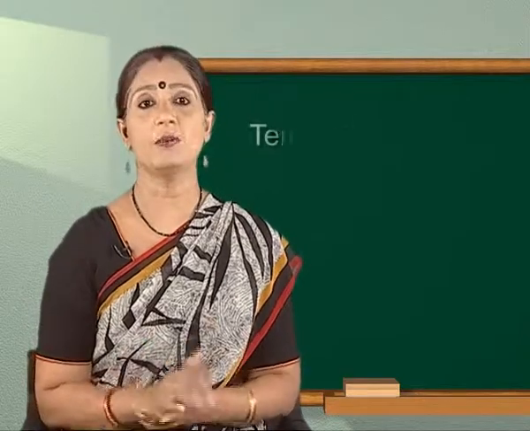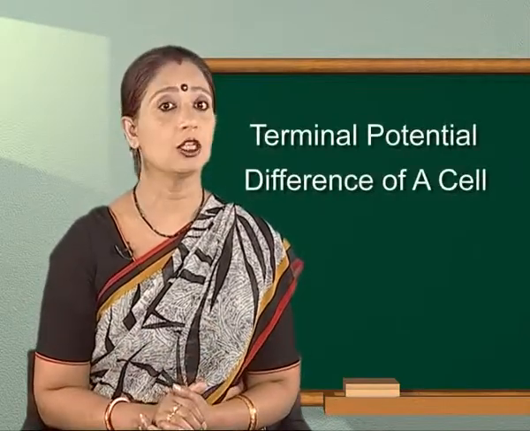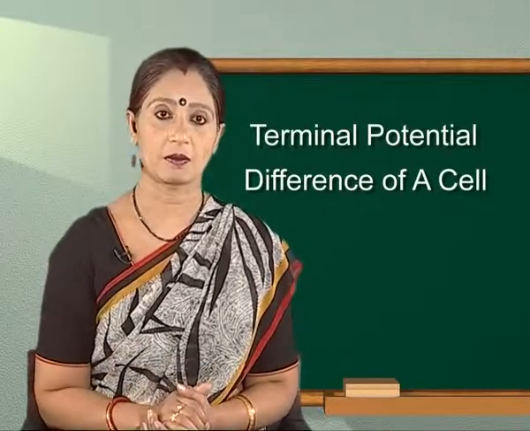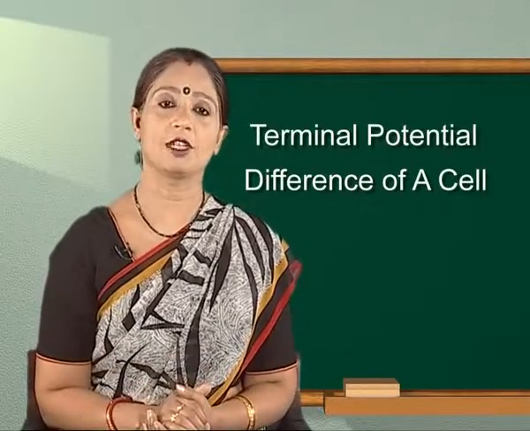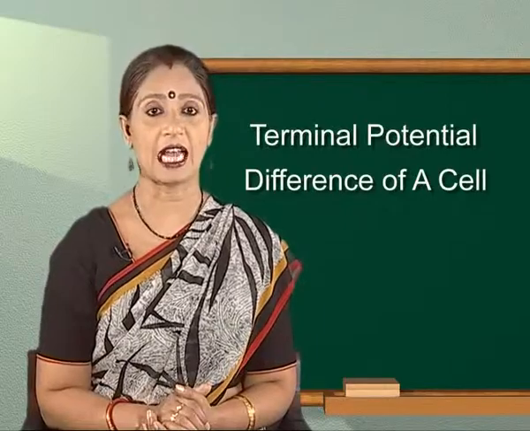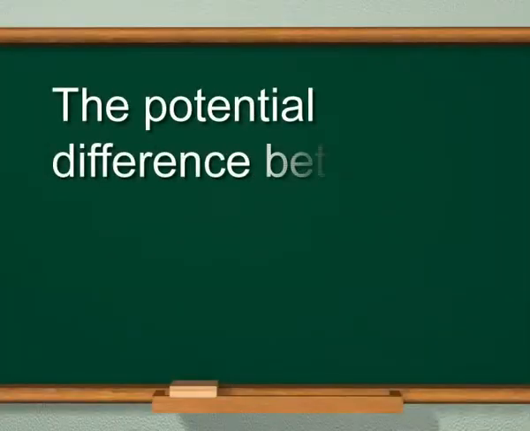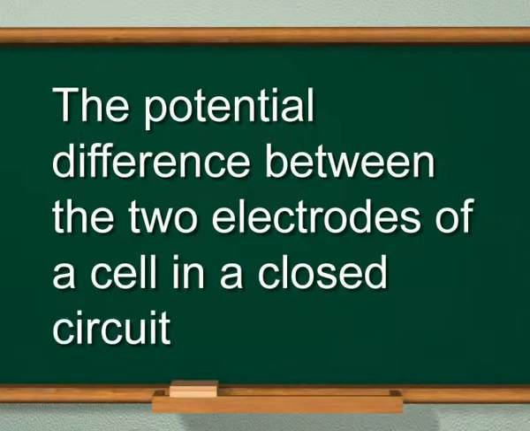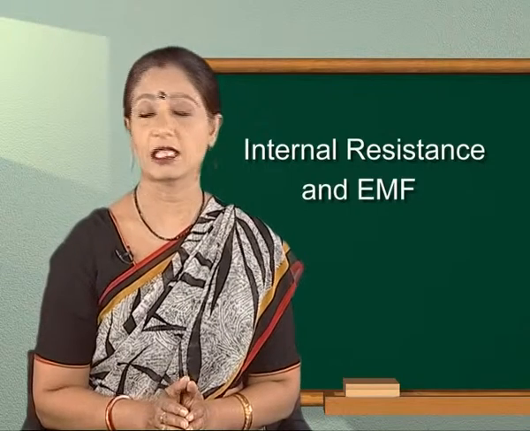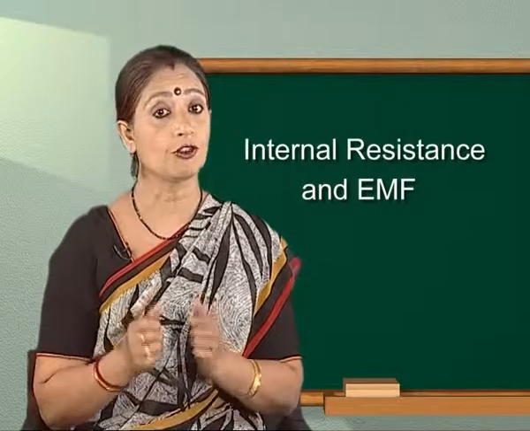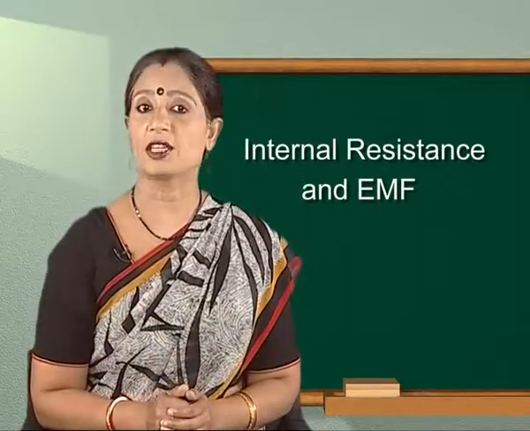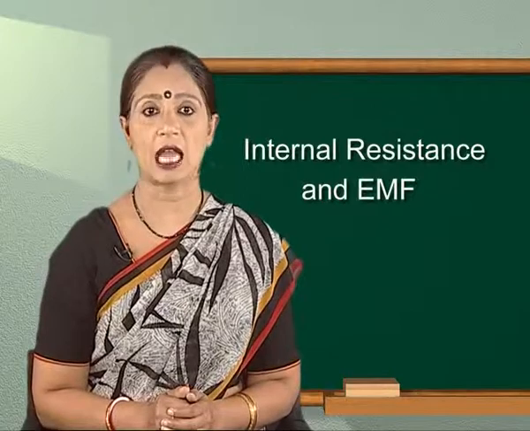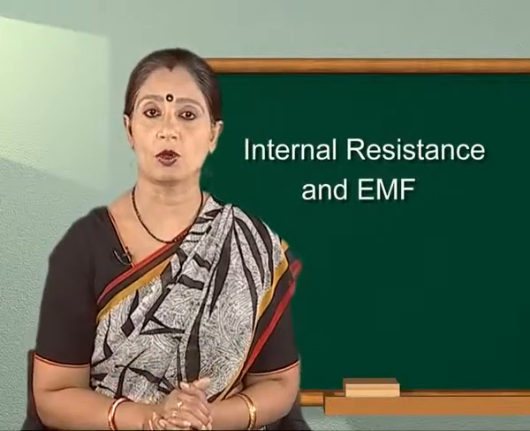We are now to define another physical quantity, that is terminal potential difference of a cell, to understand things properly. Terminal potential difference of a cell is defined as the potential difference between the two electrodes of a cell in a closed circuit. That is, when current is drawn from the cell. It is generally denoted by V and is measured in volts.